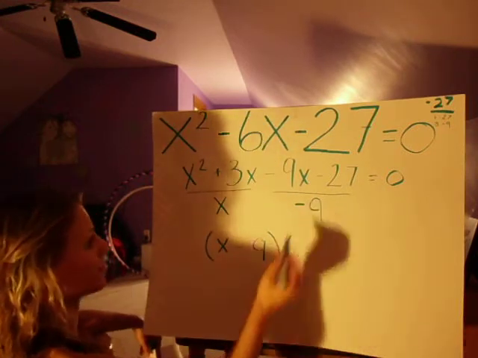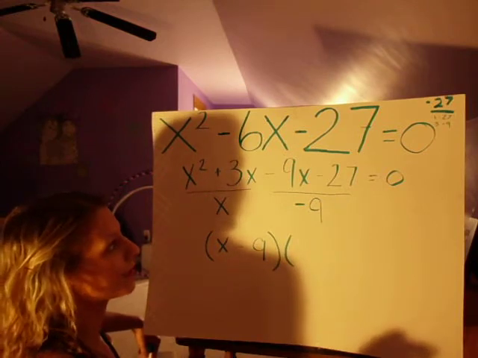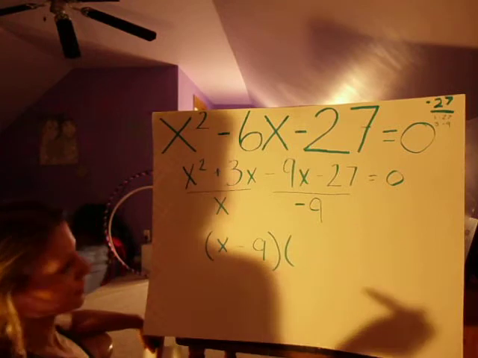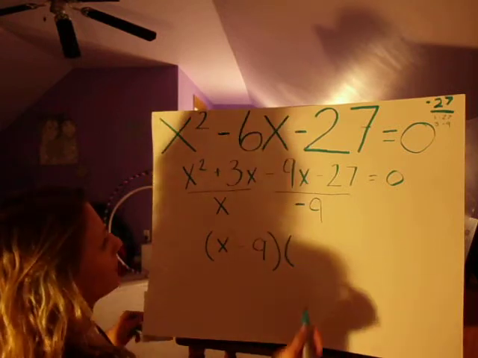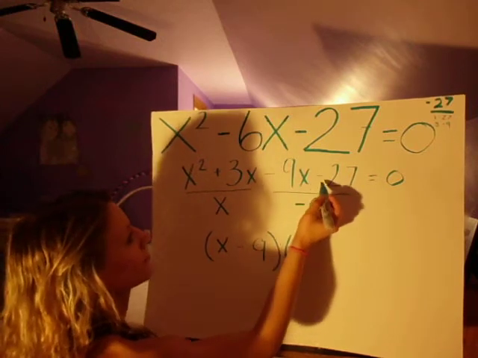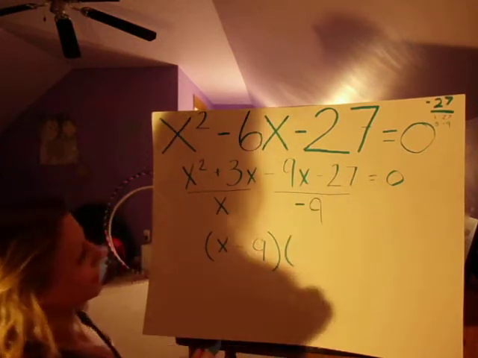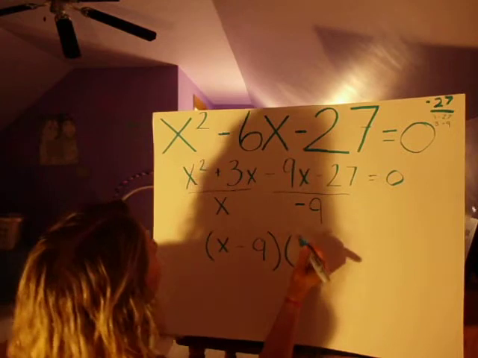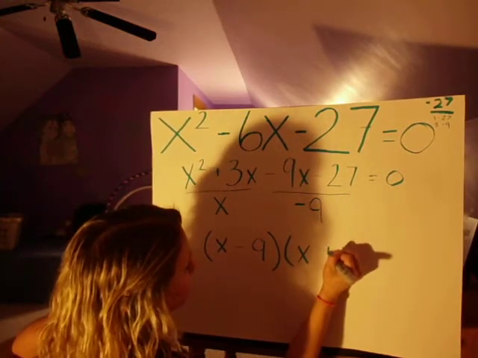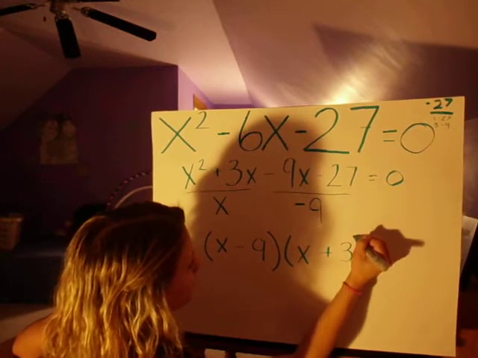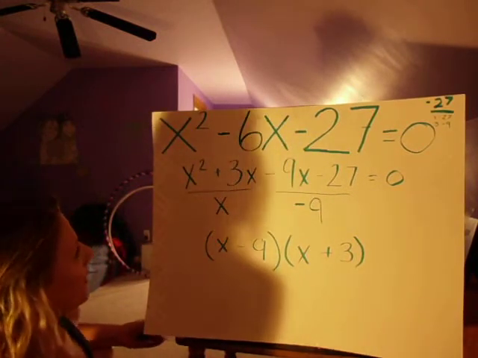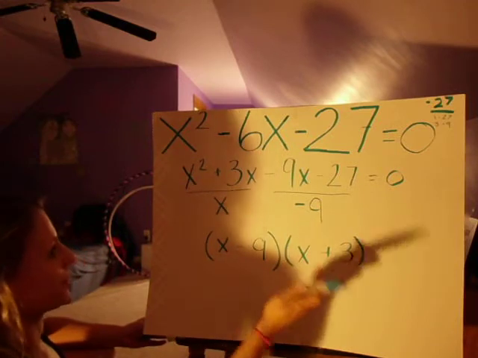Maybe your sign is wrong. You put positive 9 instead, and in that case you would get negative x minus 3. Okay? So negative 9x minus 27 divided by negative 9 is x plus 3. And I hope that makes sense to you, that they have to equal the same thing or you went wrong.